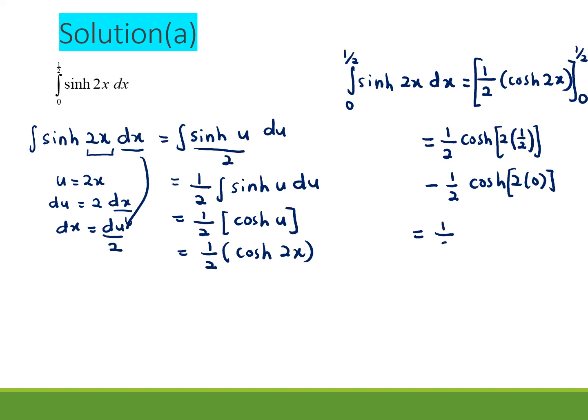So we have 1 over 2 cosh of 1 minus 1 over 2 cosh of 0. So by using a calculator, you will get 0.2715.